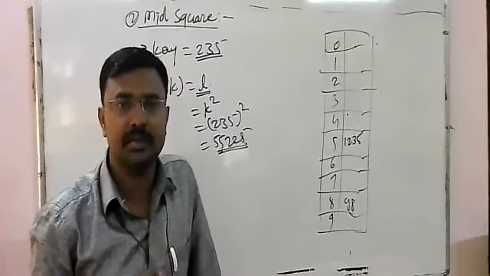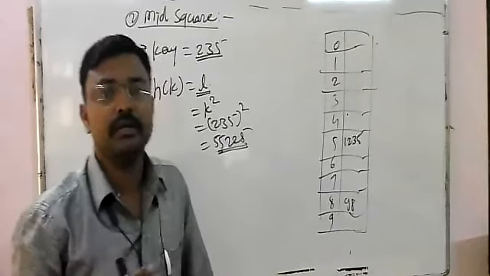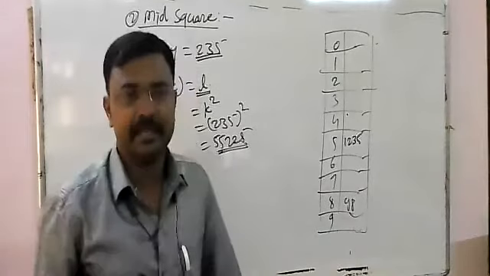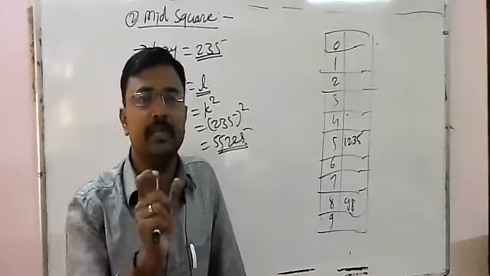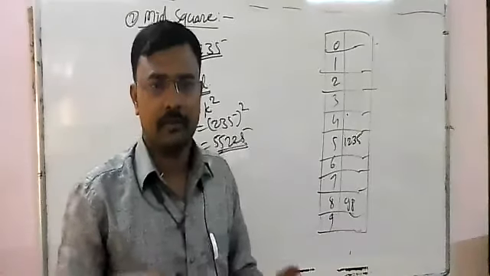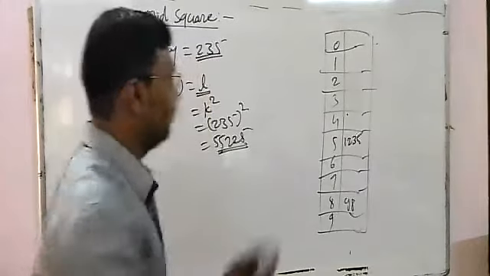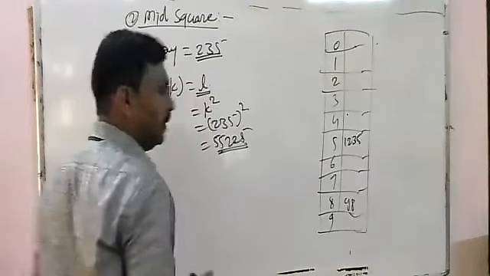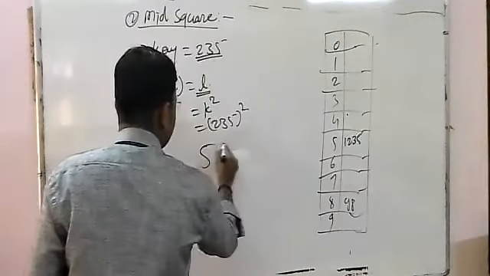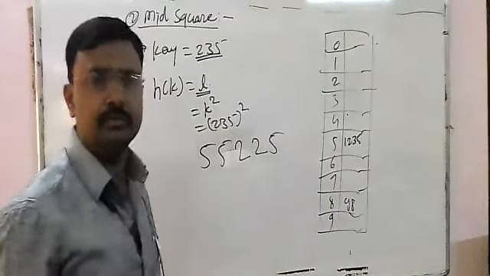This is our square. And what we are going to do here is select the middle value from this square, by removing elements from the left side and the right side. For example, this is our element, 55225.